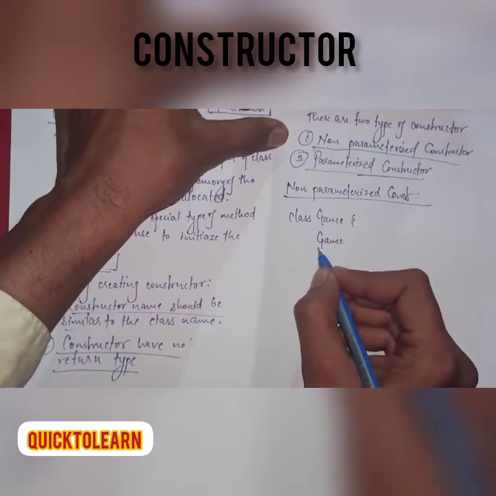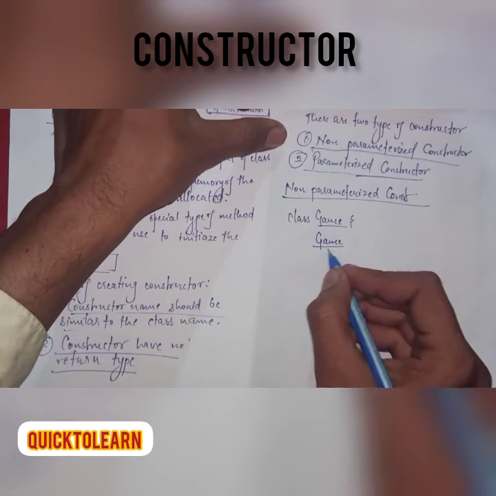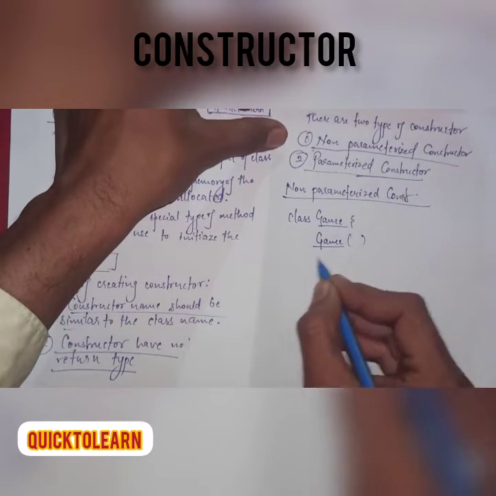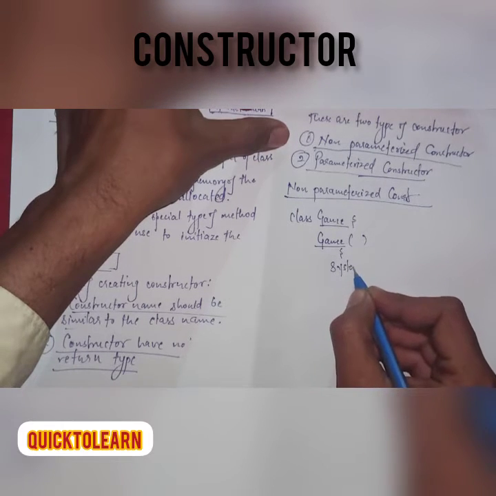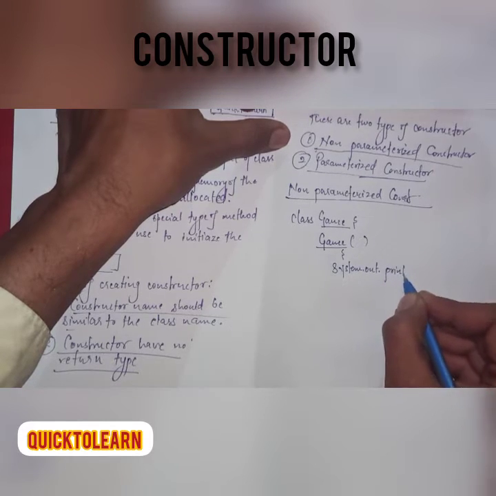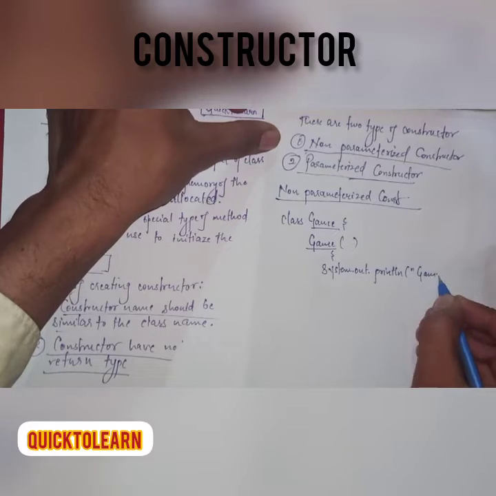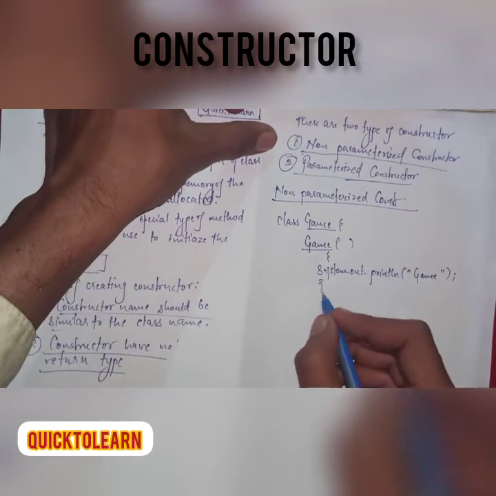We know that the constructor name should be similar to the class name, and there is no explicit return type. Then System.out.println with any statement, like "Game", and this is the closing of the constructor.